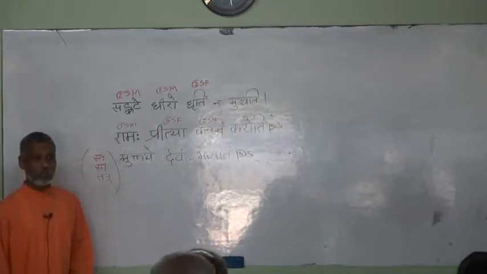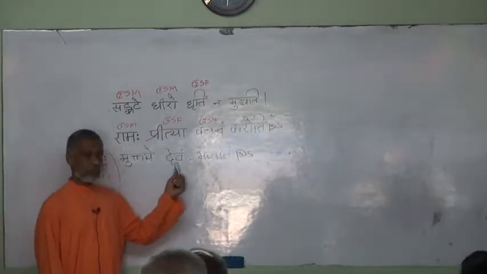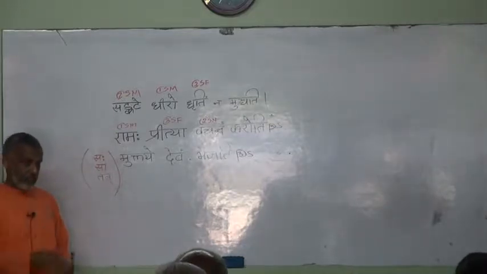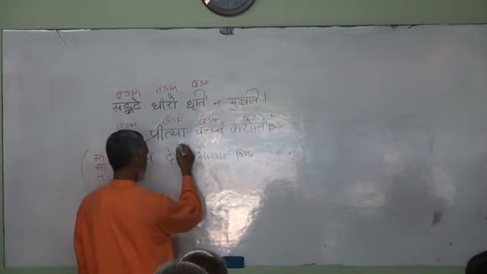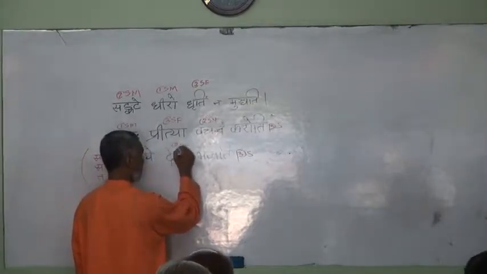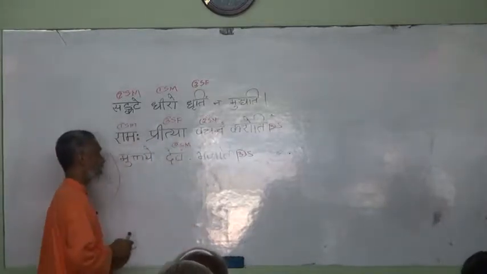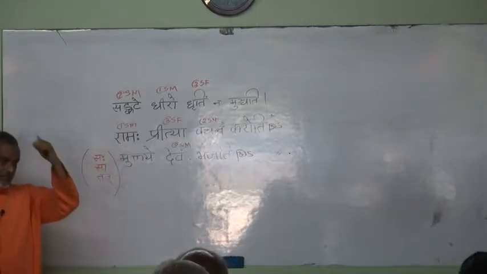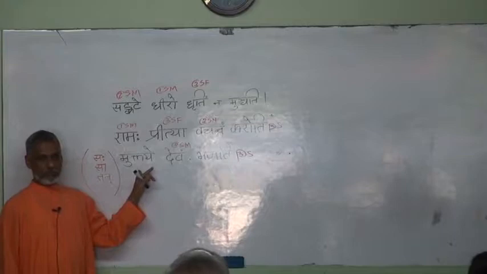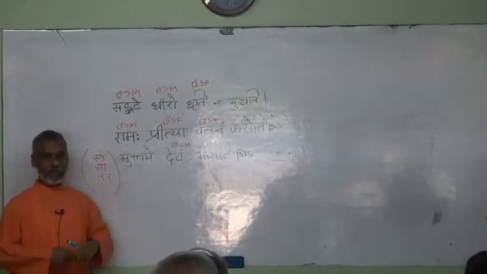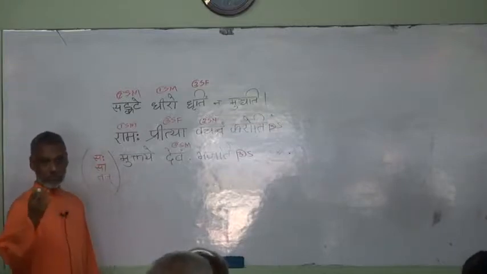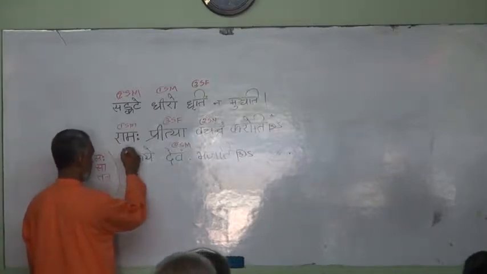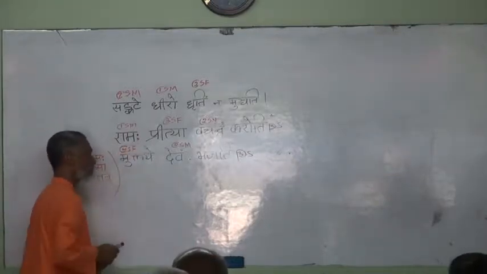Worships who? Devam, God. Right? So this is what case? Singular, masculine. Then here now, what case is it? Fourth case singular, feminine. That I gave you in your list there. Mukti, fourth case singular, feminine.